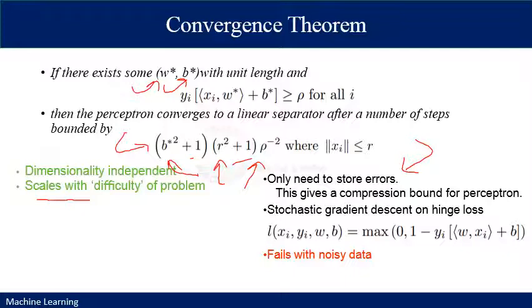So this gives the compression bound for the perceptron. You can use gradient descent on a hinge loss to optimize the perceptron algorithm. However, it fails with noisy data, and furthermore, for datasets that are not linearly separable, the perceptron learning will never converge.